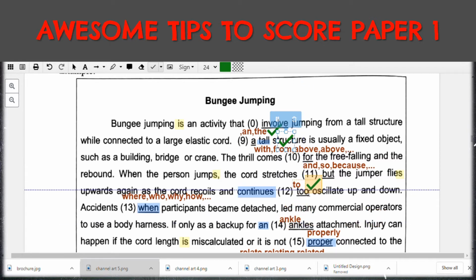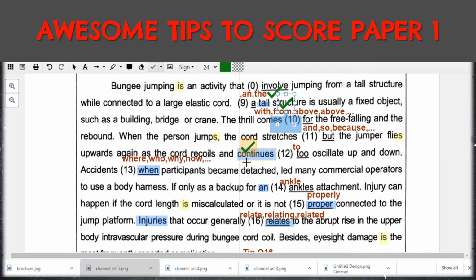Now, number 11. When you see "but", that's how you answer with your eyes. The other possible answers are "and", "so", "because". If "but" is wrong, then the other possible answer can only be "and", or "so", or "because".